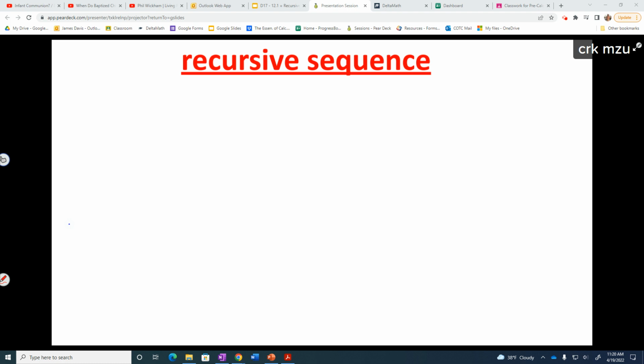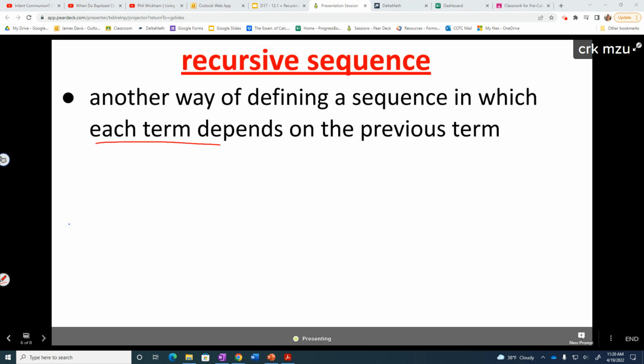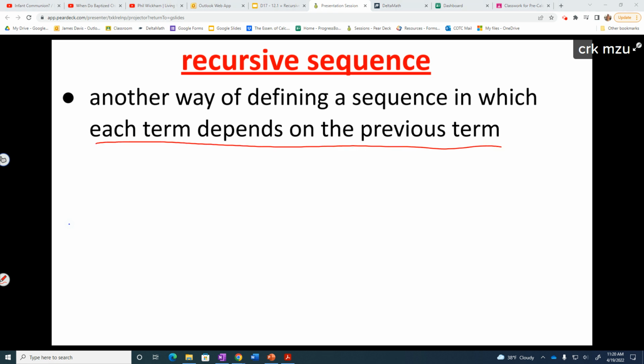A recursive sequence is still a sequence like we've seen, except in this one, each term depends on the previous term. It's just another way of defining a sequence, but each term depends on whatever the previous term was. You can think of it as reoccurring, so the next term is the previous term reoccurring.